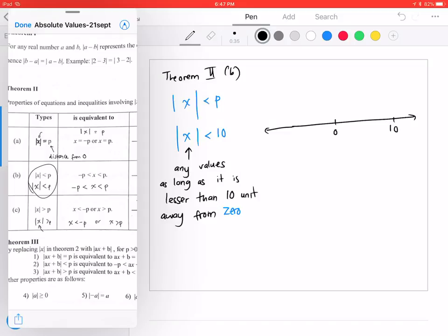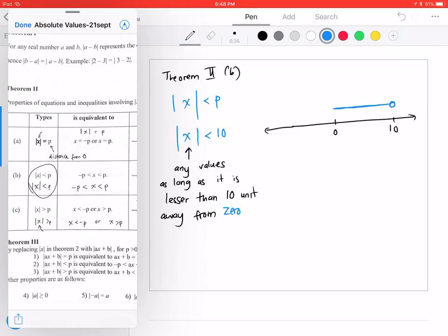So this is our positive 10. What it means by this expression is our x here could be any value under this constraint, from 0 all the way to positive 10, but it doesn't include this 10.